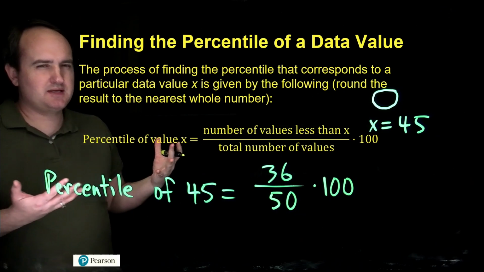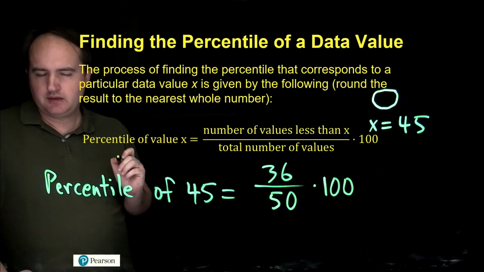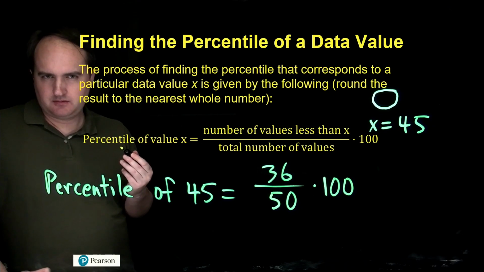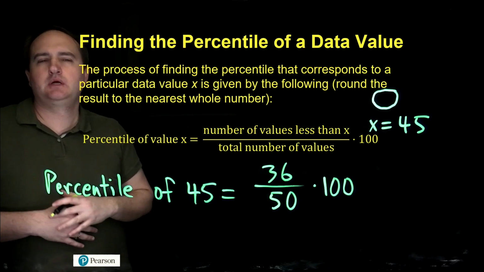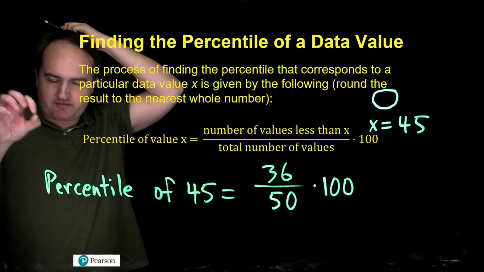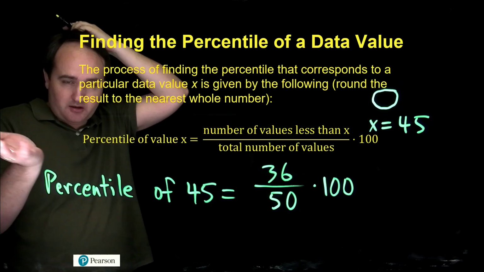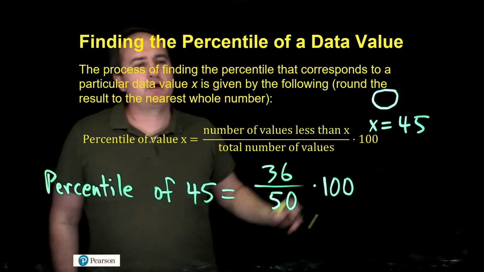But it should make sense, just looking at the word percentile, that it's a type of percent. It should make sense that you would multiply times 100 to get a percentage, right? Because that's the same thing you do if you have a decimal, you multiply times 100% to turn it into a percentage. So that's why you're multiplying by 100.